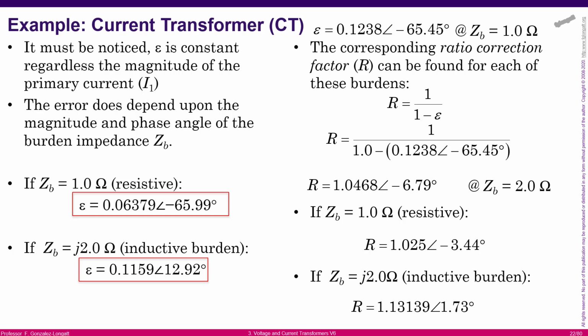If we are using a single ohm, and this is a resistive burden, we get a ratio correction factor of 1.029. But if we use an inductive burden of j2 ohms, we get a bigger ratio correction factor. Okay, this is the end of this example.